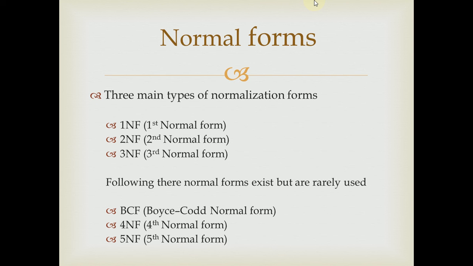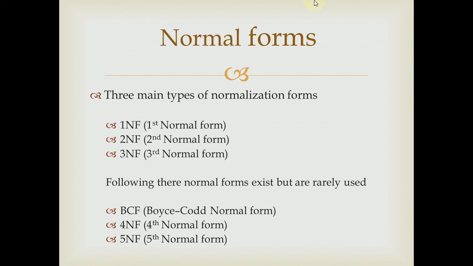All of these normal forms solve problems of data redundancy and data dependency. The first normal form is about solving the problem of data redundancy, just so you separate your entities out, and that's how you overcome the problem of data redundancy. And then you have second normal form, and then you have third normal form.